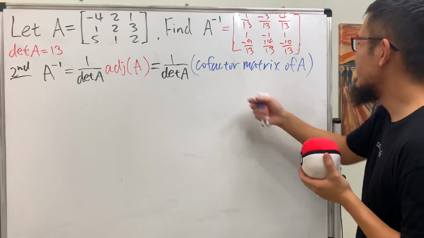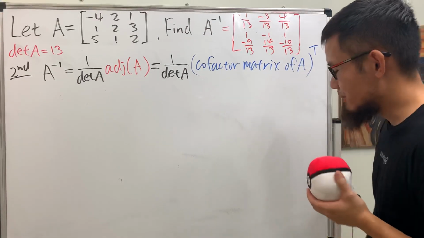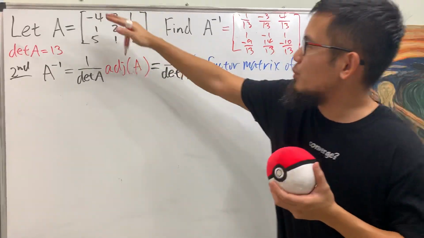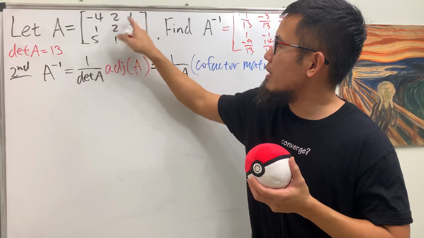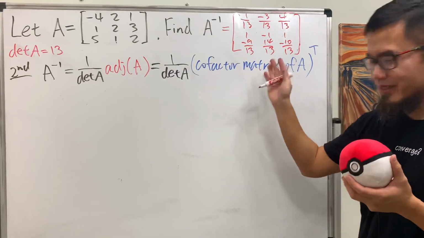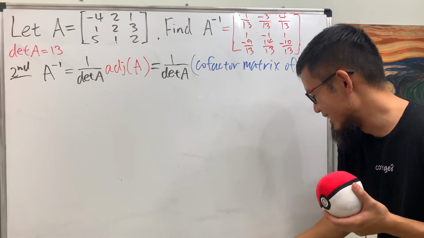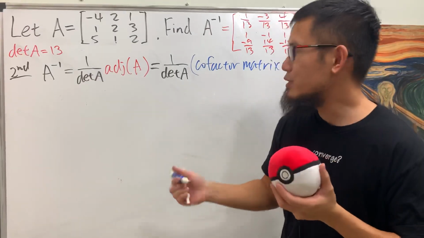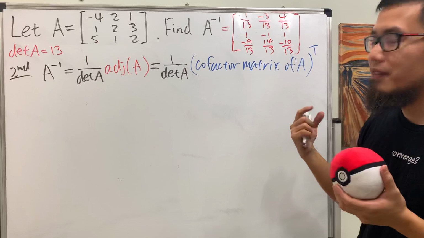After you get this, you have to take the transpose. What's the transpose? It's just that you flip the diagonal, pretty much swap the number here and here, and here and here, and here and here. I don't know how you guys feel about this, but yeah, it's a lot of work for that. But anyway, let me demonstrate the cofactor matrix of A first.